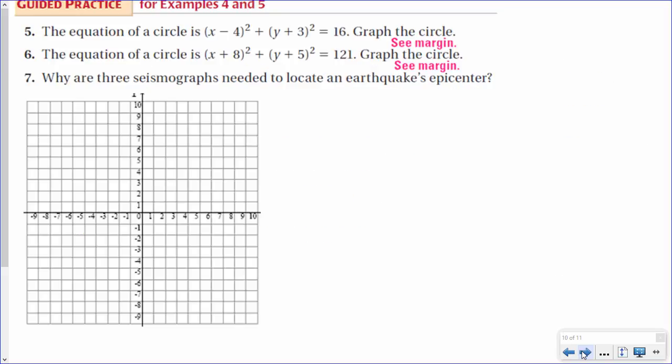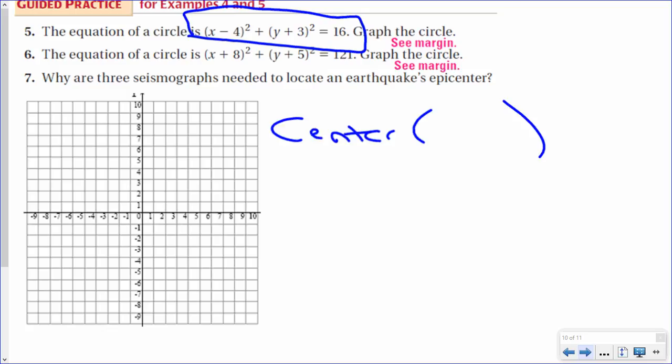Okay, and we're skipping this one, and just another one. If you did have to graph number 5 here, and I think this is the last one you have to graph, guys, go ahead and jot this one down here, and if I was in class, I'd have you just practice it and see if you get it right. The center, you have to write down where that's located. The radius, you need to know how far out you are. I'm hoping by now everyone was able to tell that the center is located at 4, -3, and the radius is 4. Go to the right 4, down 3.